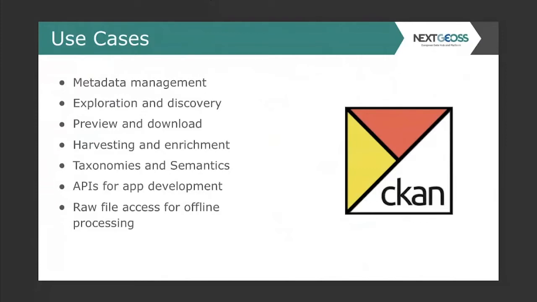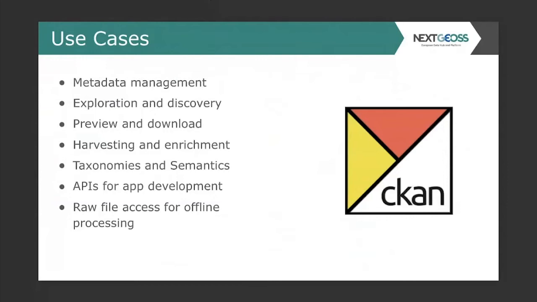We want the ability to harvest data from external sources and to potentially enrich the metadata for given data sets that exist in the catalogue. We want the ability to apply taxonomies and other types of semantic information to data, APIs for application development, and importantly, especially with Earth observation data where data sets can be rather large, we want raw file access so that data can be processed offline.